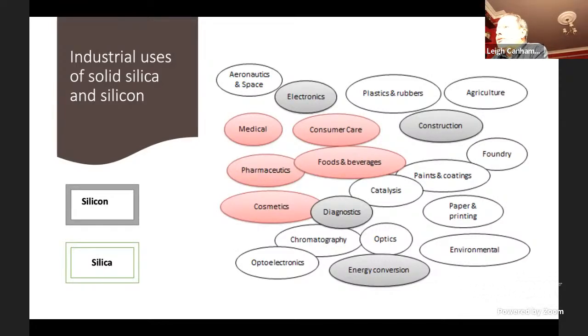If we look at the industrial uses of silica and compare them to silicon, silica is very abundant, a natural material. It's available in biogenic form, and is therefore in many more industries than silicon.